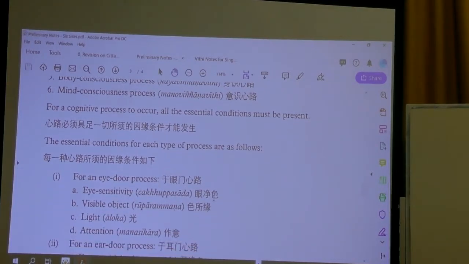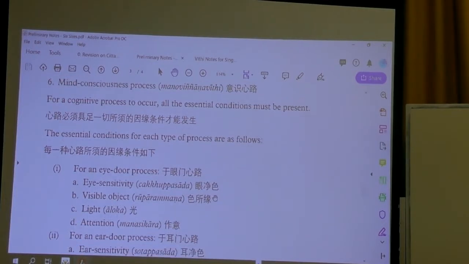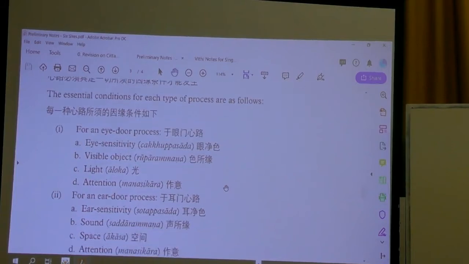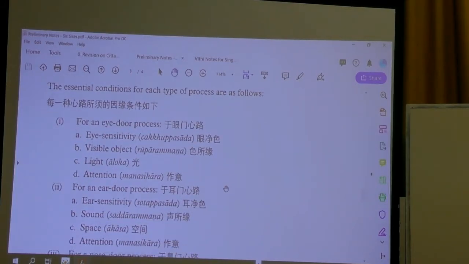We already studied before. In the same way, there are four conditions, four causes to arise the eye consciousness process: Cakkhu pasāda, eye sensitivity; Rūpārammaṇa, visible object; Āloka, light; and Manasikāra, attention. Okay?